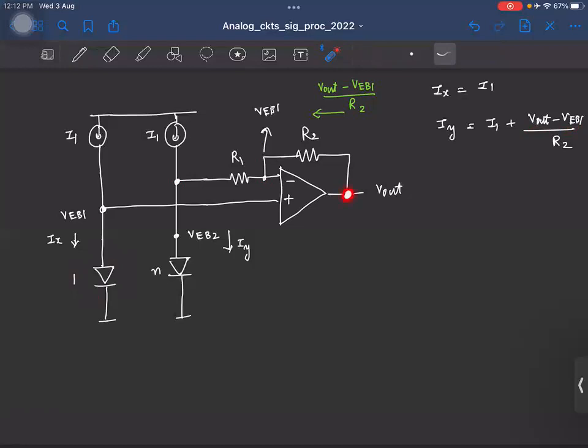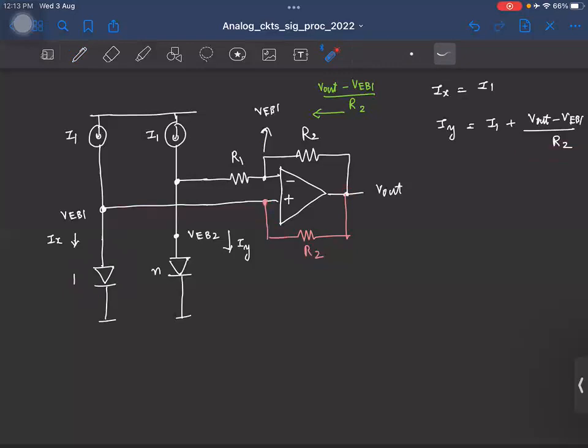We have VEB1 here, which is basically this node. So can you suggest something so that we can pass this current to flow in the branch? Where? Right? This is fine. So if I connect resistor R2, now this path will add this additional current, Vout minus VEB1 by R2, and that will flow here.